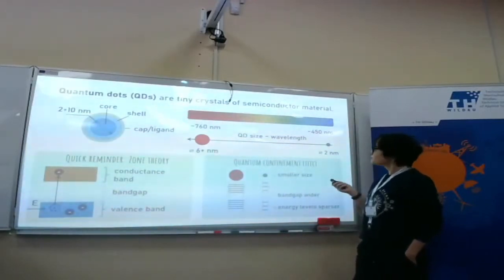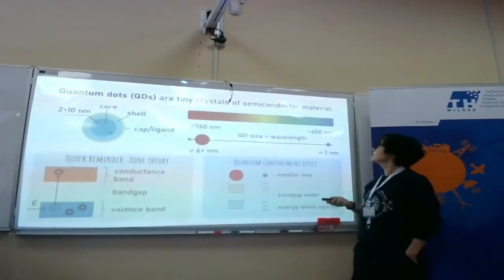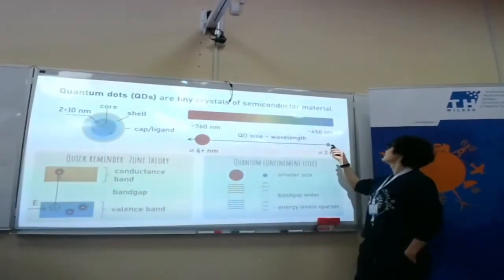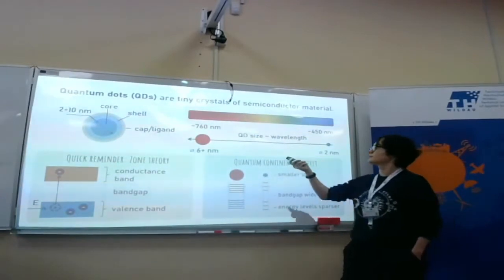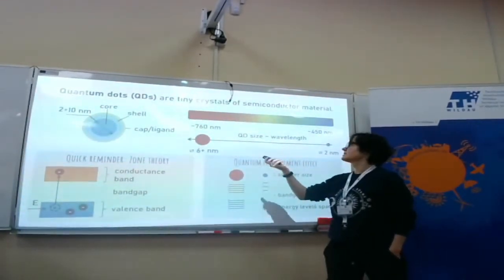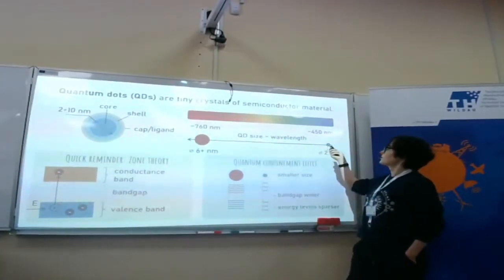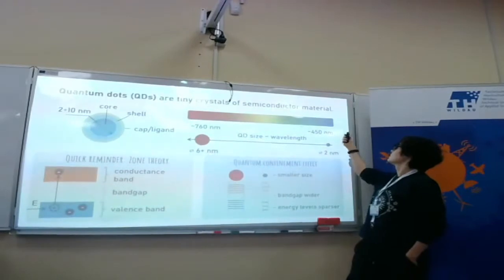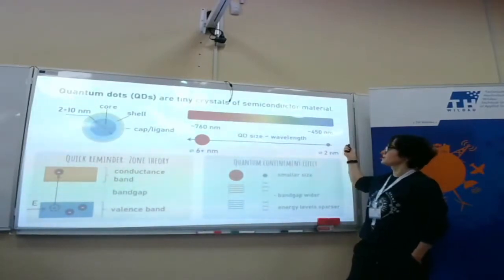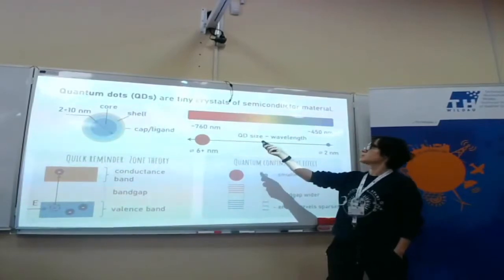So, as you may know, visible light usually has a wavelength of 450 to 760 nanometers, where shorter wavelengths correspond to blue or even violet light, and longer wavelengths correspond to red light.